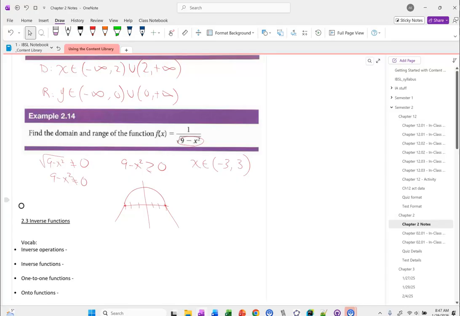So the values of x that can come out, when x is close to negative 3, so think like negative 2.999999. I'm going to square that, I'm going to get almost 9, right? The square root of some little tiny number like 0.000001. When I square root that, can you get bigger or smaller?